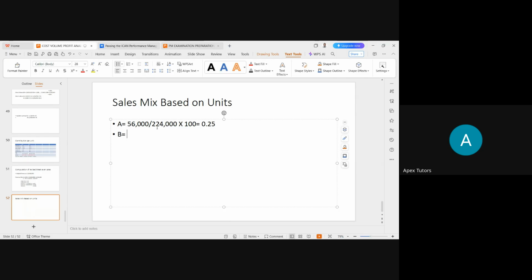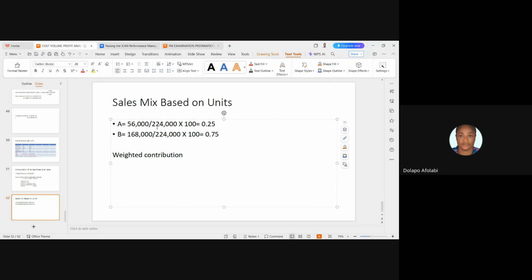For product B, 168,000 divided by 224,000 gives 0.75. Where are we driving at? We are driving at the weighted contribution per unit.